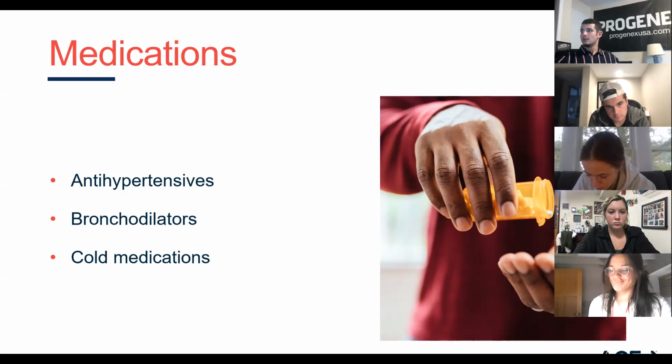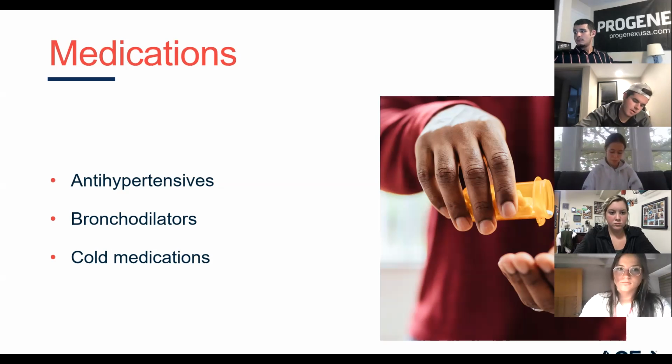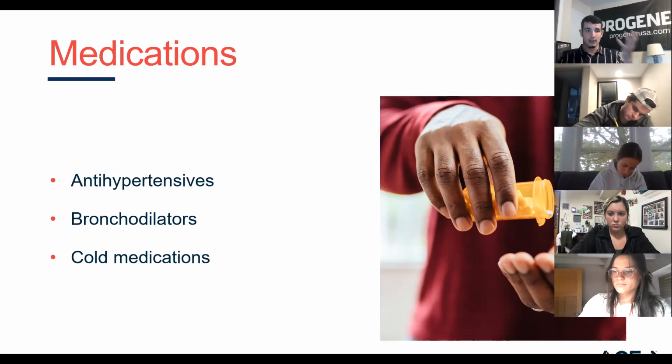All right, so here's the fun stuff. Medications and what they do to heart rate and other physiological adaptations. The ones we're talking about here are antihypertensives, so people who have high blood pressure would be taking these, bronchodilators, that is to open up the airway, and cold medications.